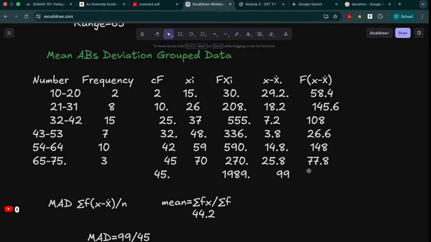We have 58 plus 145.6, 108, 26.6, 140, 148, then 77.